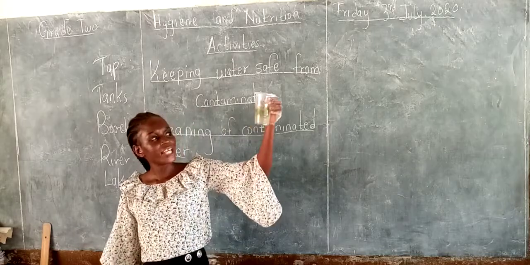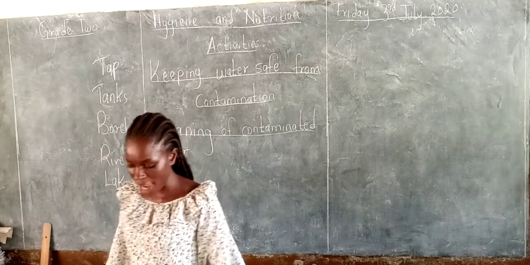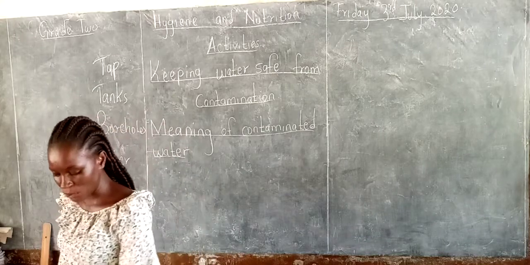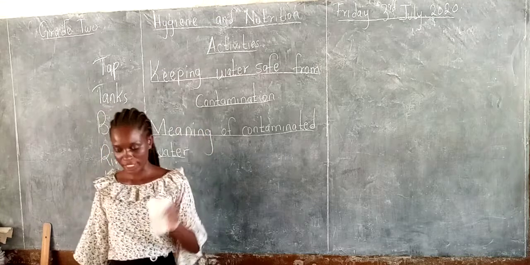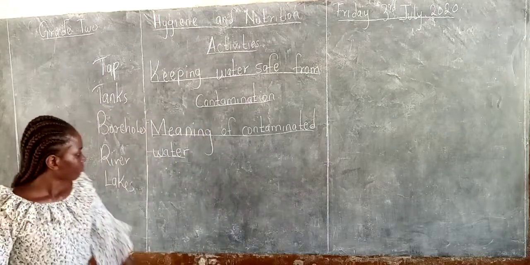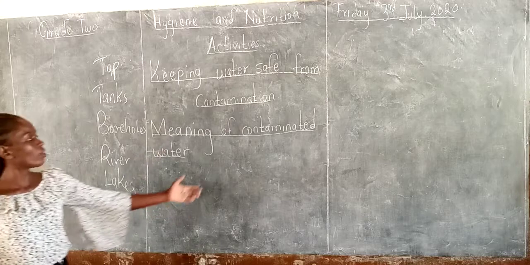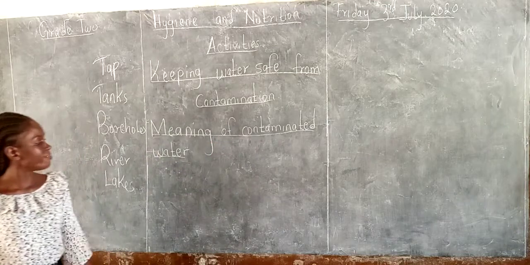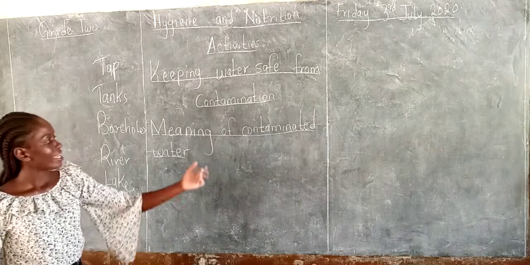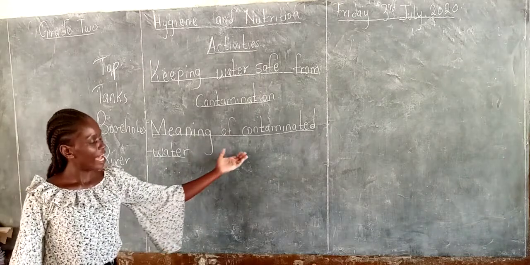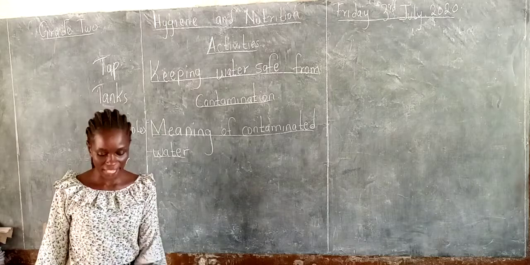So the germs are harmful to our health, and that is why we should only take clean water. So we've learned the meaning of contaminated water, and we said contaminated water is water that has dirt or other harmful things.